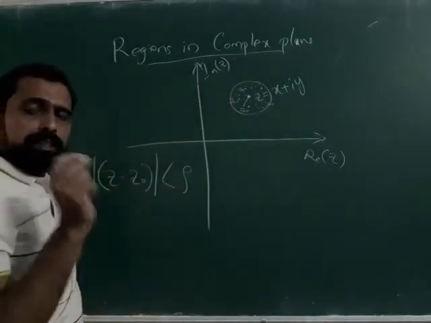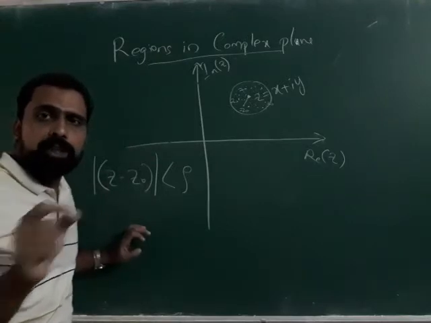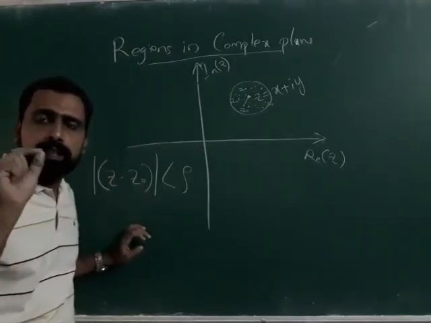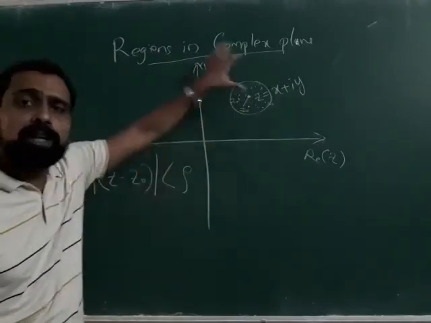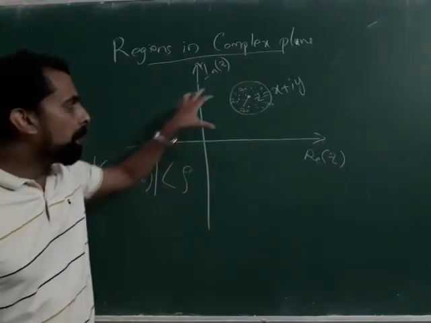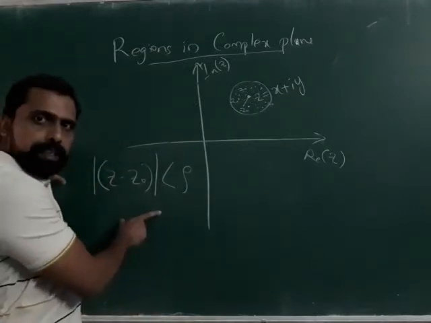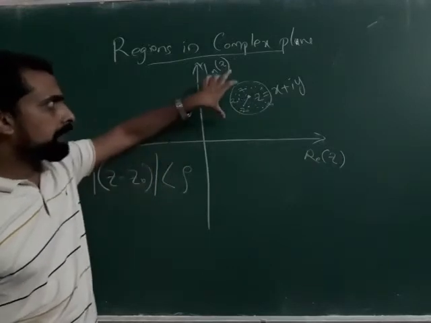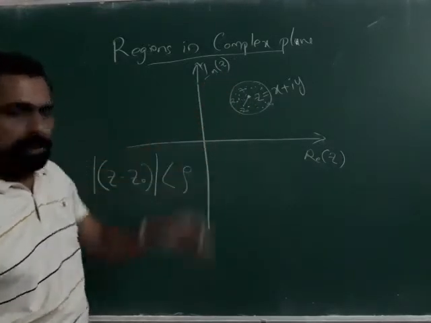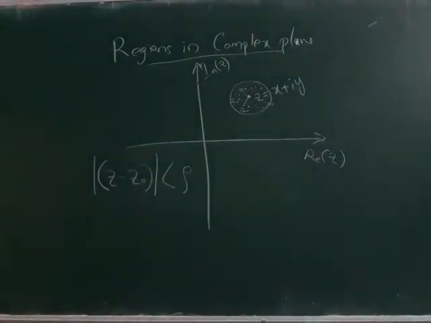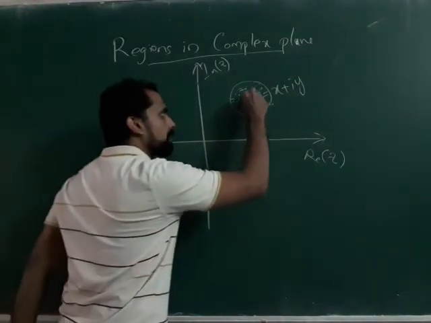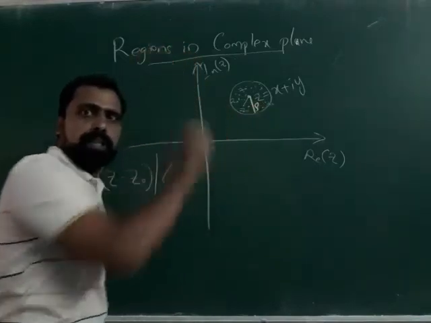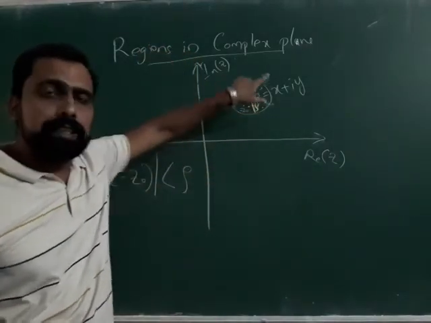The only thing is, in the case of real, you have an axis and all the points come on this real axis. Here you have a complex plane, and by inserting this condition, you are getting a region. Any point within this circle, which has a radius of rho, you can take.